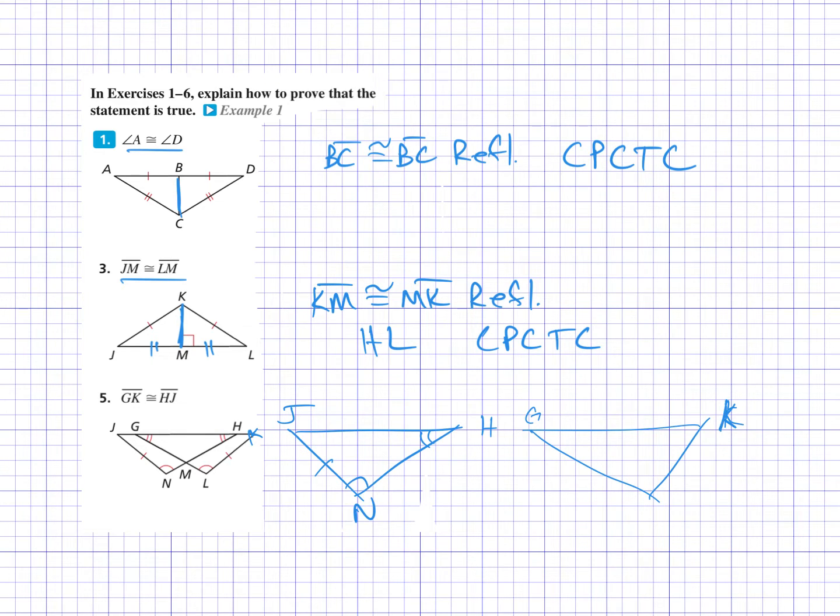K and L. Now let's mark those. So the two triangles are congruent because of angle, angle, side. And therefore, GK is congruent to JH because of CPCTC.